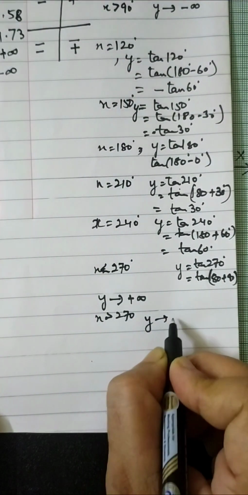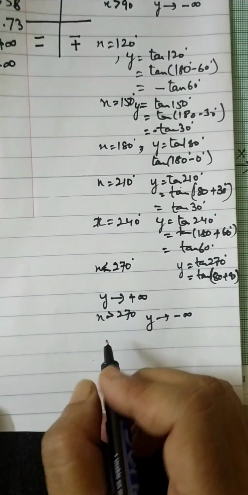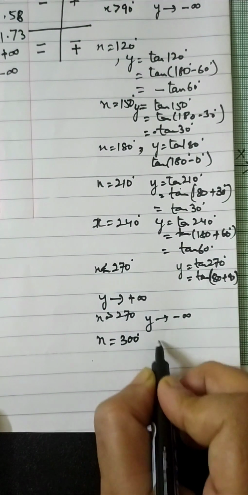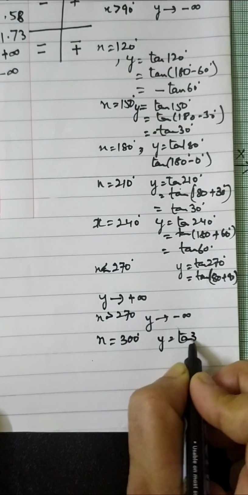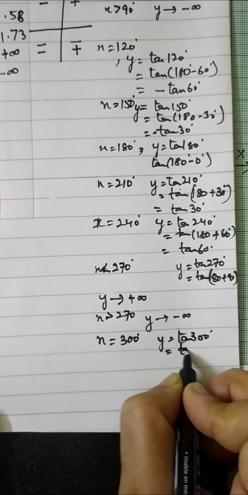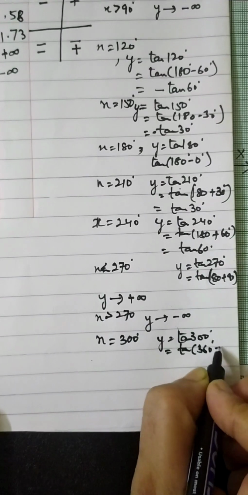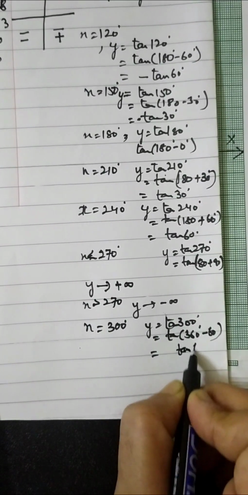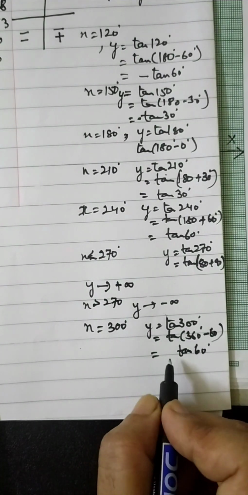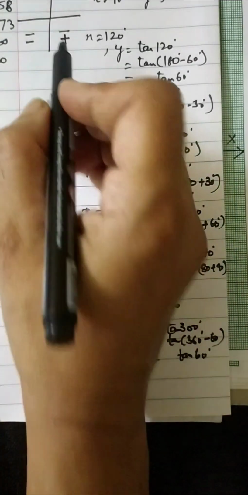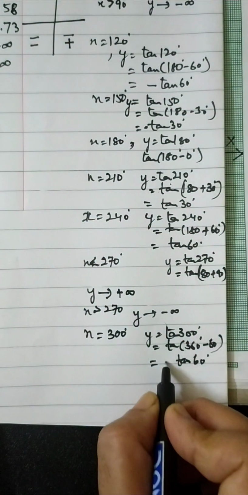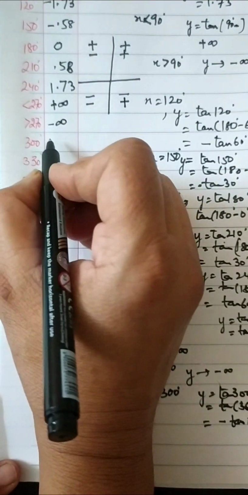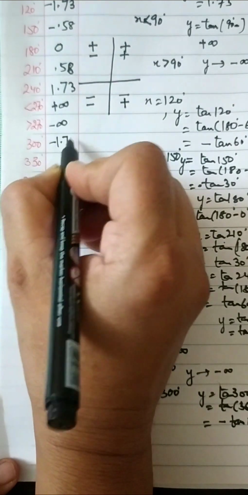Now when x is 300, y is tan 300, tan of 360 minus 60. The value lies in the fourth quadrant, and in the fourth quadrant it is negative, so negative sign, and tan 60 is minus 1.73.